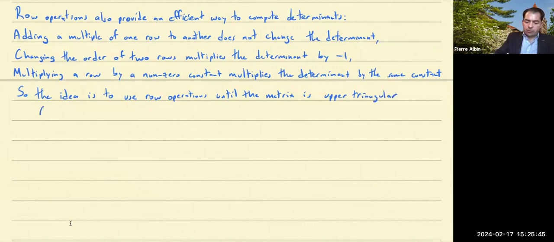Right? So what's that mean? That means that every entry below the diagonal is 0.